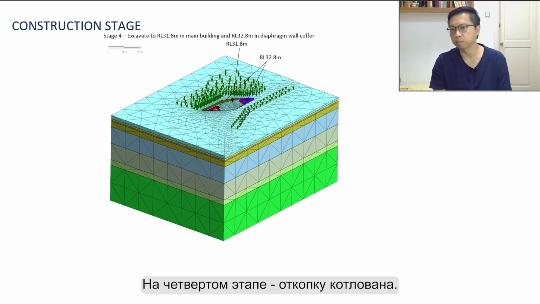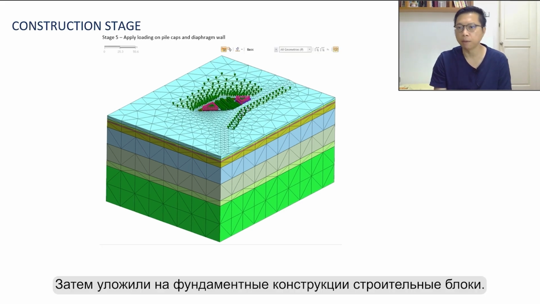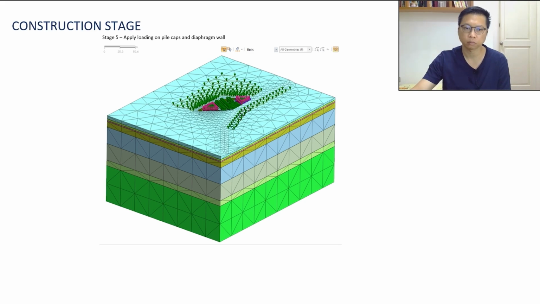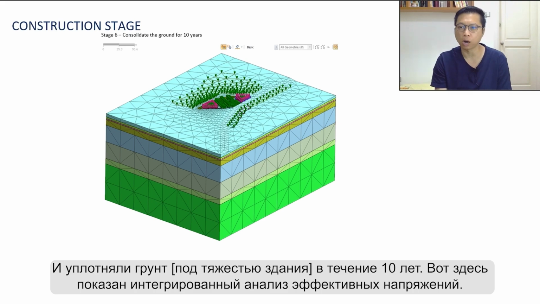We simulated basement excavation in stage 4. We then apply building loads onto the foundations. And we consolidate the ground for 10 years. This is a fully coupled effective stress analysis.